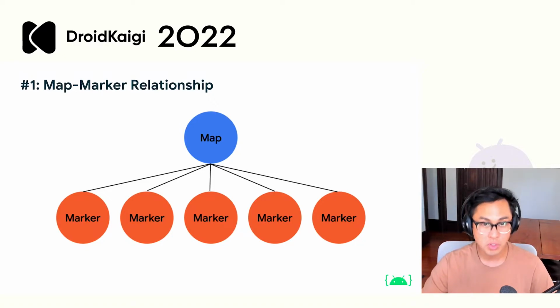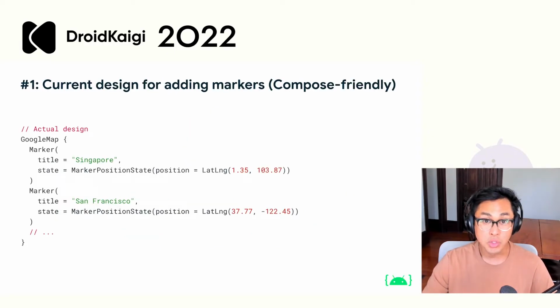So what if we can use Compose to build the tree of markers that we want on our map and have Compose handle updating the markers over time? Using Compose, Google Map can instead accept a composable function lambda, where the caller can then define what elements the map should display by calling composable functions like marker in the content lambda of Google Map.